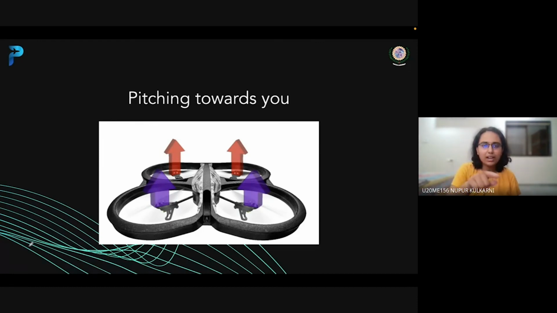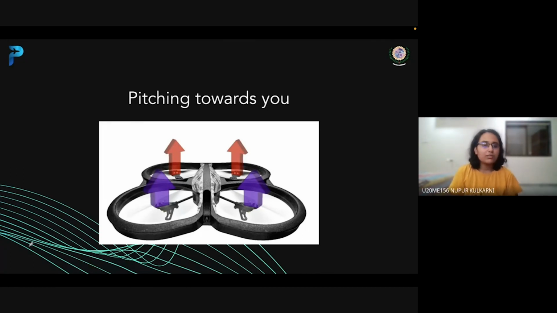Now in this, the red arrows which you can see, there the power applied to the motors has been increased, and thus the drone will pitch forward, like it will pitch towards us. This generates a forward net force which makes the drone's nose pitch downwards. Like when it is pitching towards us, it is going to tilt. Like consider this drone is coming and it is going to tilt.